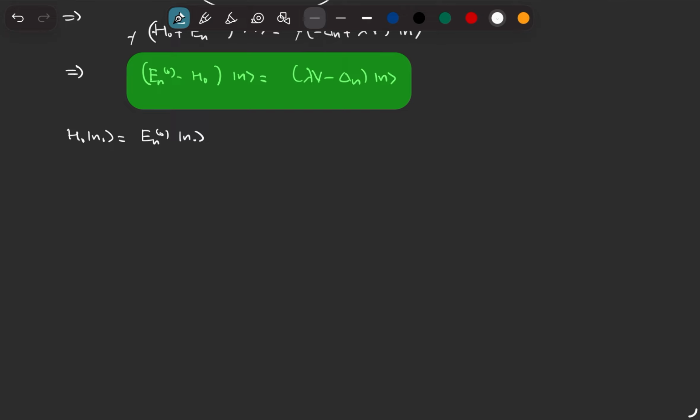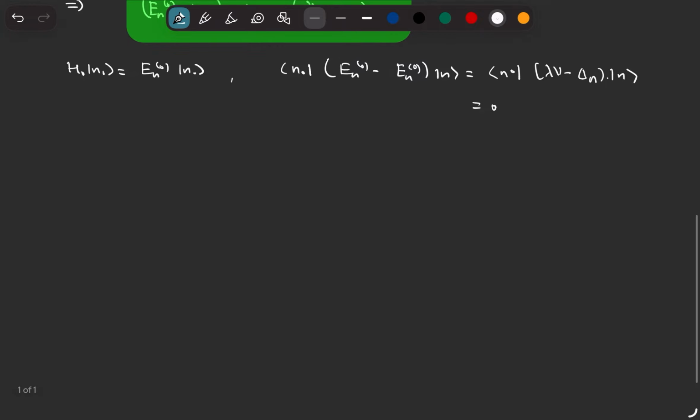Thankfully, if you take an expectation value with respect to <n0|, so you have <n0|, and once this <n0| hits H0, it will give you En0, and here you will have <n0|(lambda V minus delta n)|n>, which is equal to 0.